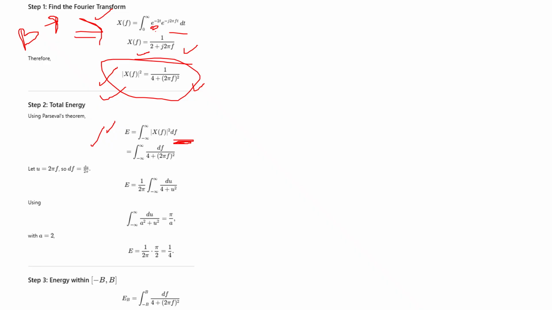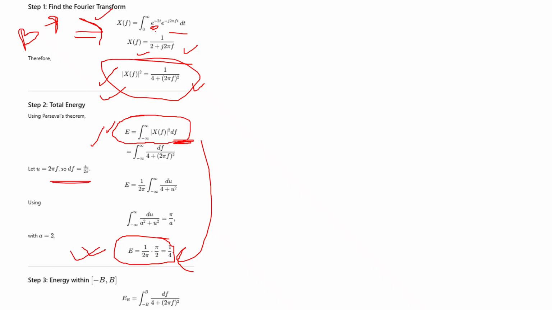Once you put in all these values and solve, you will get the energy equal to 1 by 4. Just a reminder, the integration is from minus infinity to infinity, so the total energy is 1 by 4.